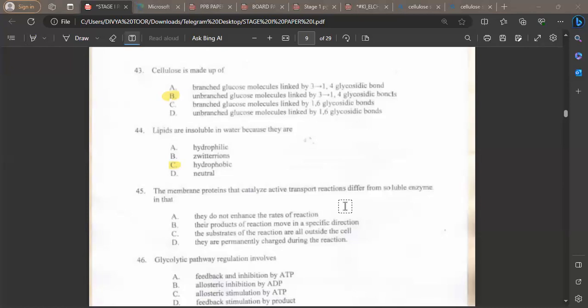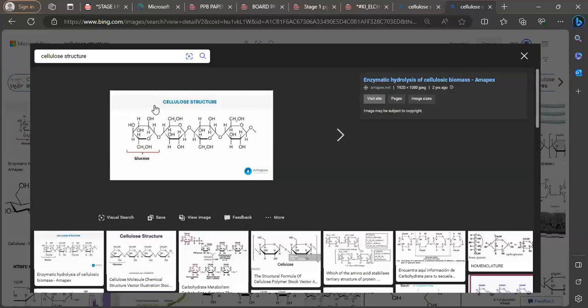So for number 43, we've gone with B. How have we come to 1,4 but not 1,6? It's unbranched, yes, but the linkage, is it 1,4 or 1,6? Yeah, it's 1,4. All right. On this, Divya, maybe we can check on linkage in starch and glycogen.